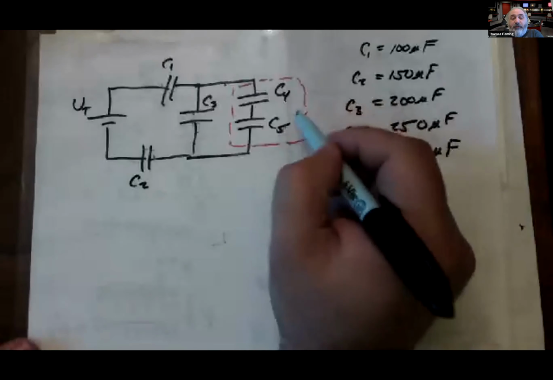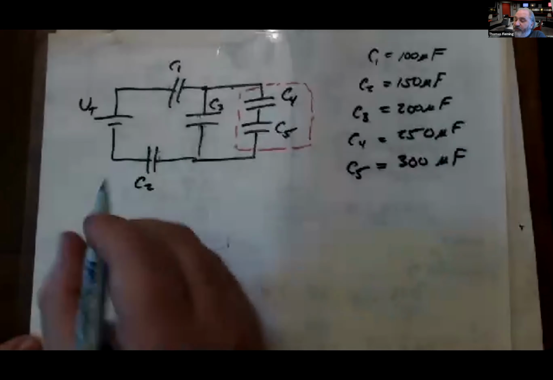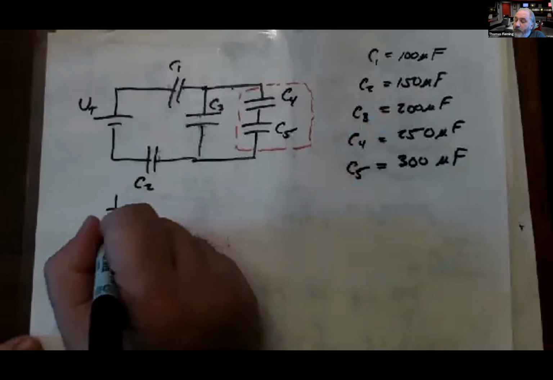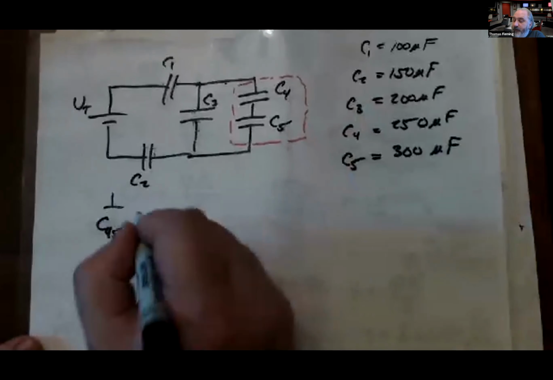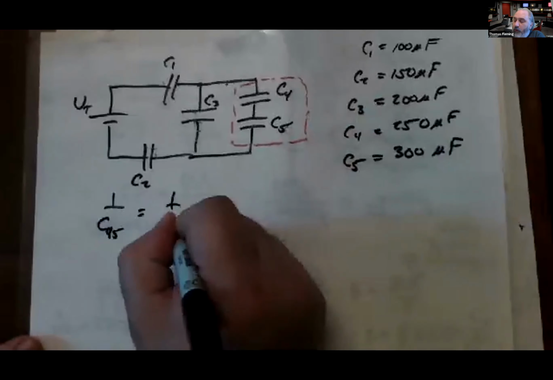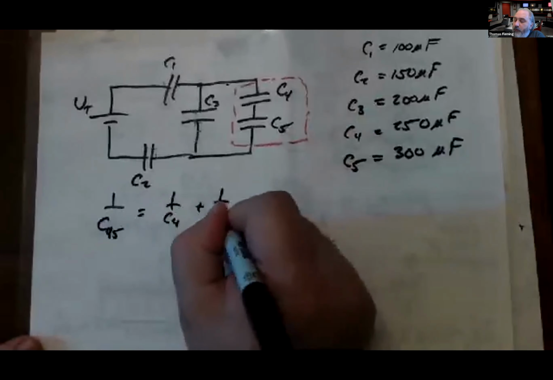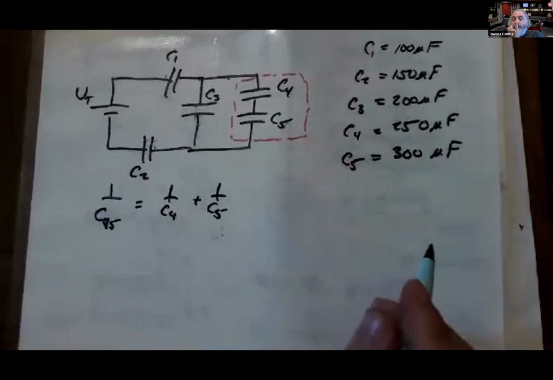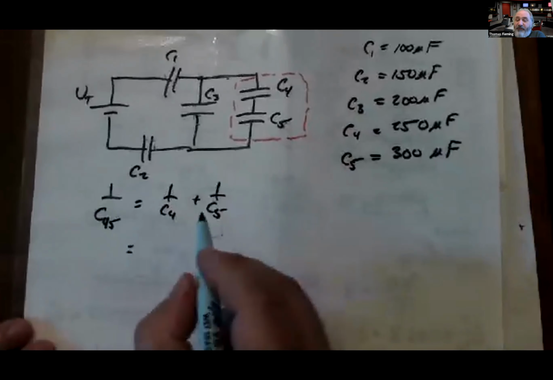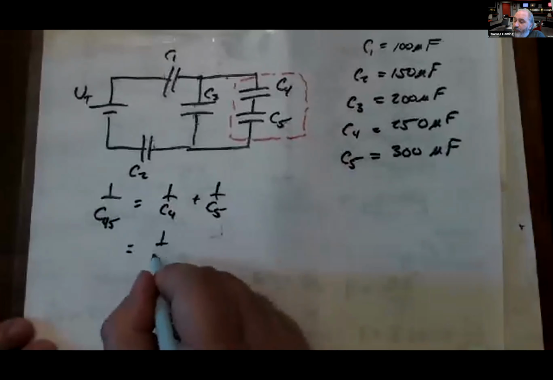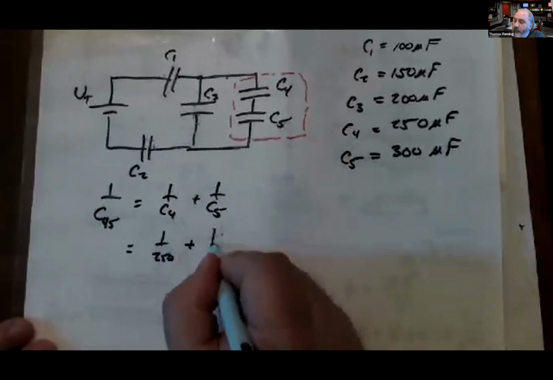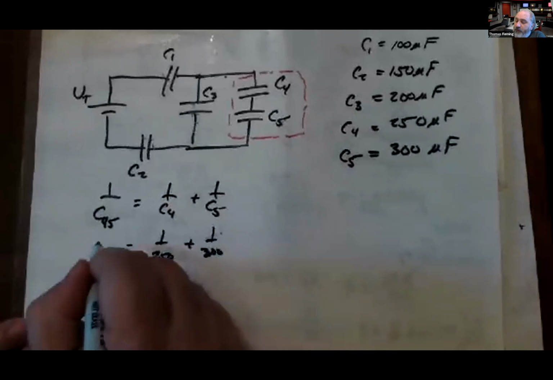Since they're in series with each other, I'll use the series rule, which says that 1 over C4,5, because it's 4 and 5 combined, should equal 1 over C4 plus 1 over C5. Well, that's 1 over 250 plus 1 over 300.